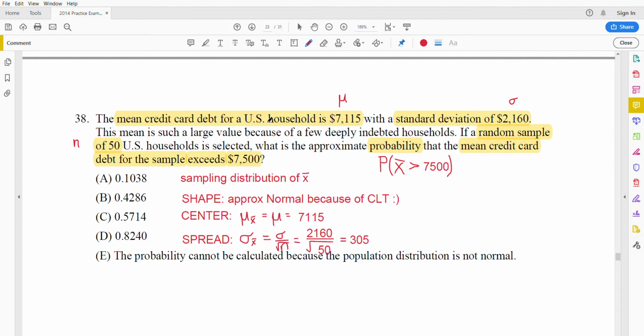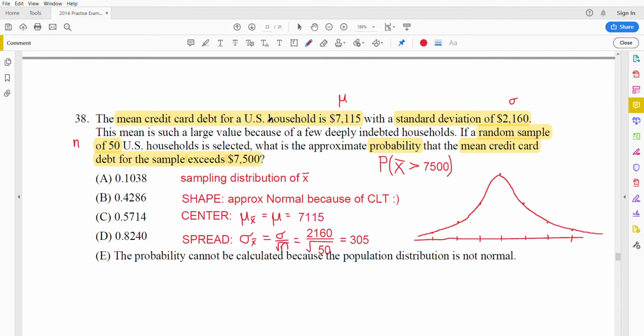Okay. So to calculate this probability, we're going to use a normal distribution, and we're going to shade the area to the right of 7,500. Okay. So let's start with a number line and a bell curve. Okay.